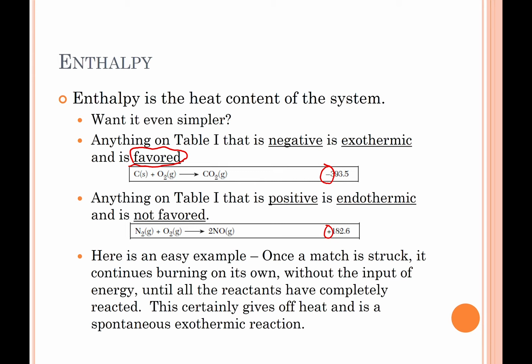But that reaction, that fire, continues to burn without doing anything else. You don't have to keep turning something or causing friction or rubbing things together. It'll just happen on its own. Therefore, that is spontaneous.